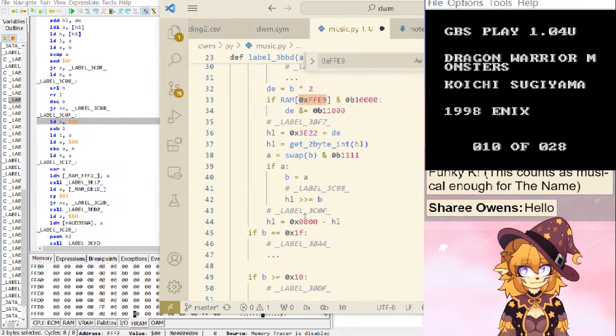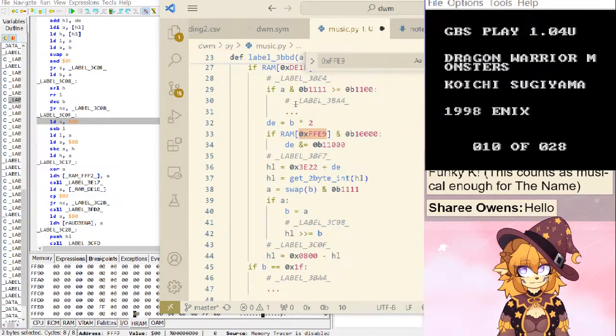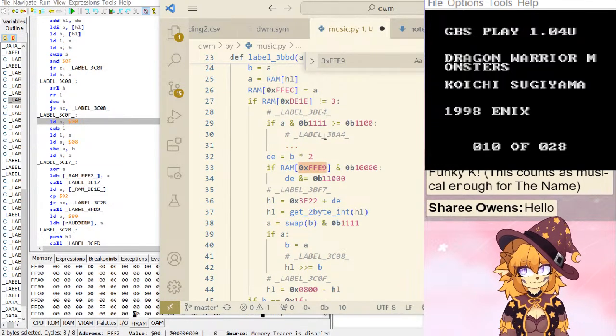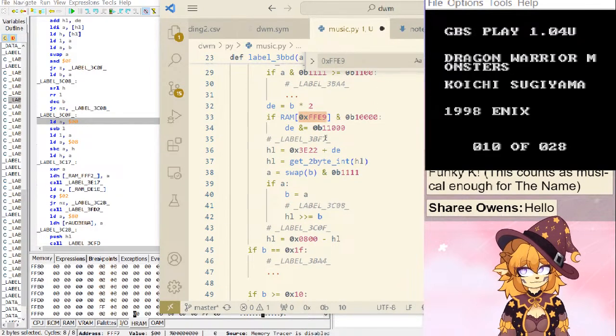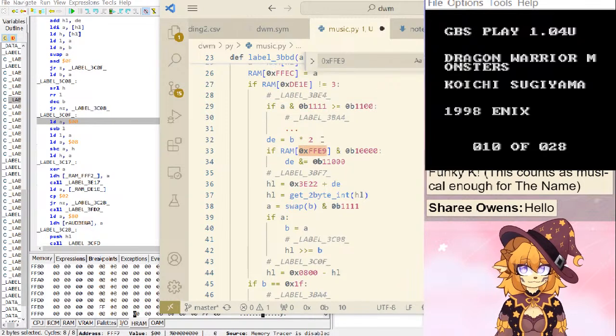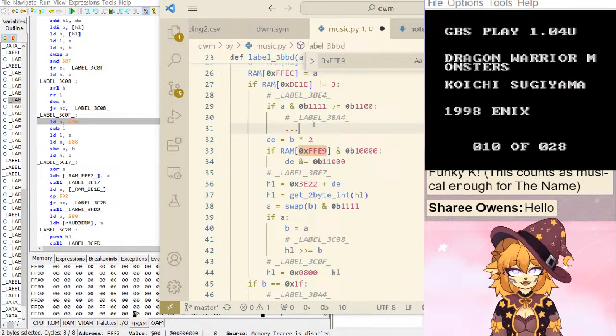Okay, before I get into that, I want to figure out this condition. So, essentially, yeah, I can't think of a way to do it.